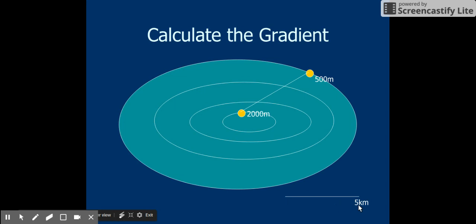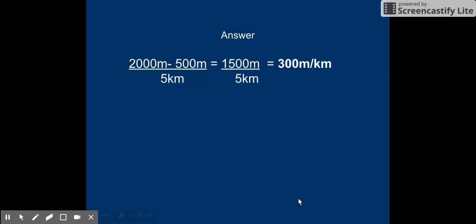So in this case, the distance is 5 kilometers. Remember, the difference between elevation was 1,500, and now we're dividing that by 5 kilometers. What is the gradient? If you did it correctly, you found 300 meters per kilometer.